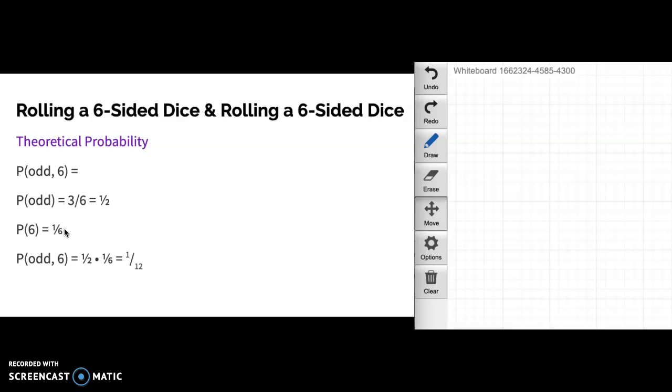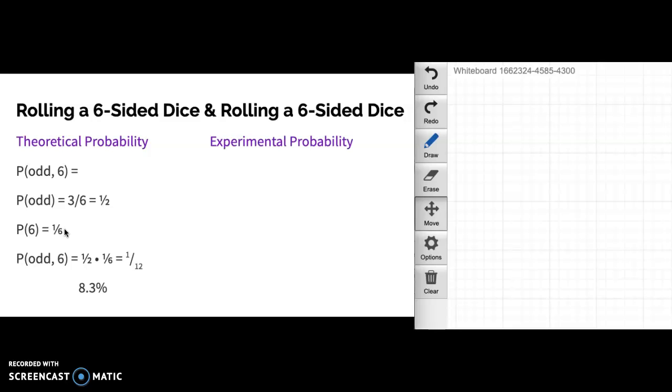And then to turn that into a percent, I'm going to use my calculator to do 1 divided by 12 times 100, which gets me 8.3%. Okay, so the theoretical probability of rolling an odd number and then rolling a 6 is 1/12, or 8.3%. That's fairly low on the probability scale, which means that this is a relatively unlikely event.